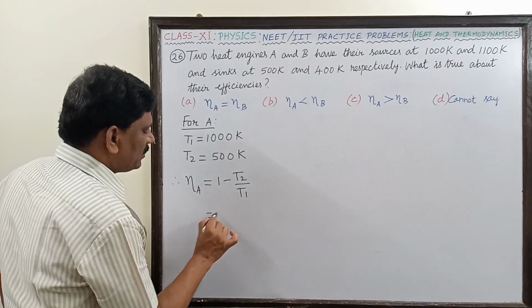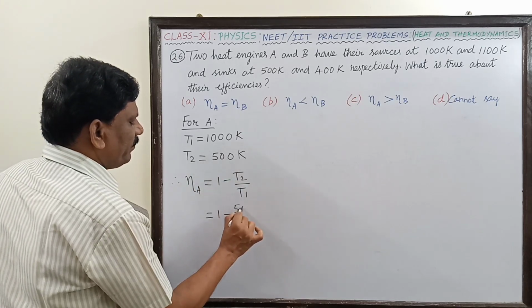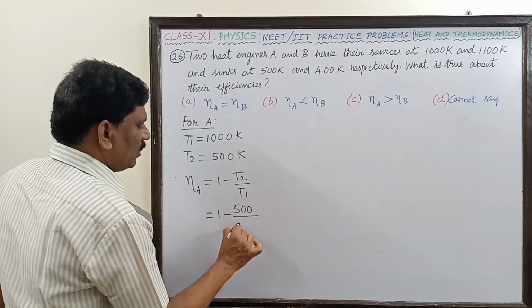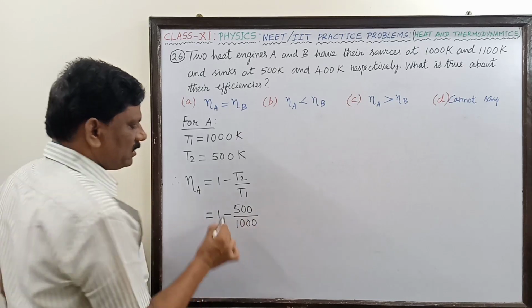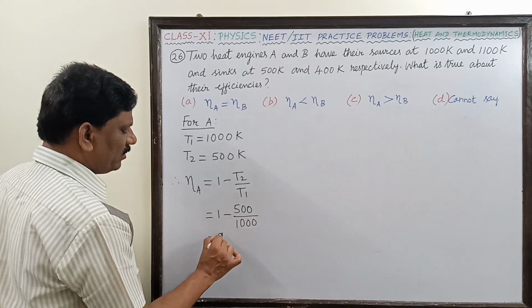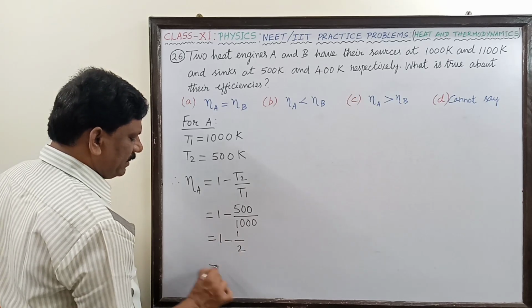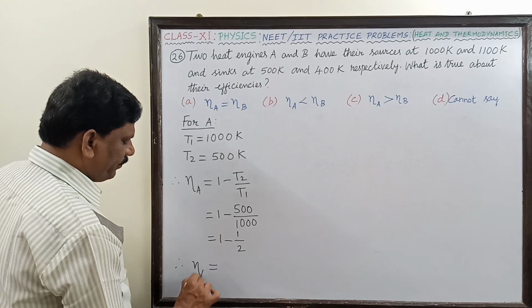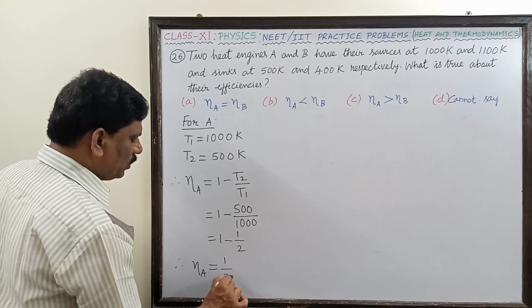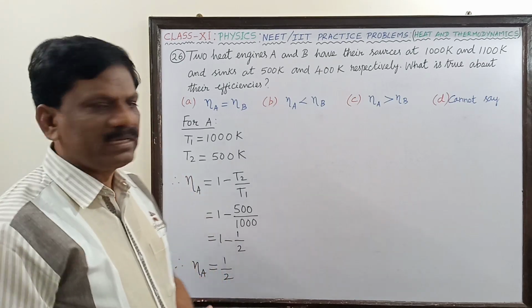So this is equal to 1 minus 500 by 1000. So easy numbers. 500 by 1000 is 1 by 2. So this is equal to 1 minus 1 by 2, and that is therefore equal to 1 by 2. So this is the efficiency of the heat engine A.